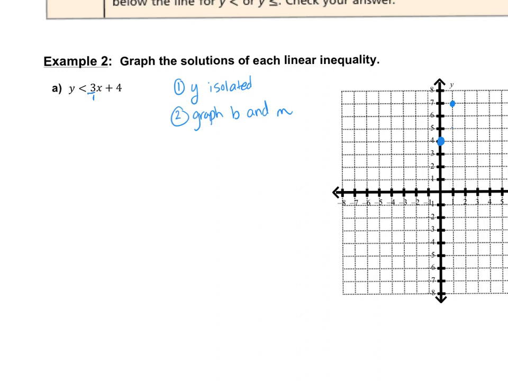I went down 3 and to the left 1, and I could continue that. And I need to see if it's solid or dotted. It's a dotted line in this case, because there's no equal to. Like so, with my arrows on either side.